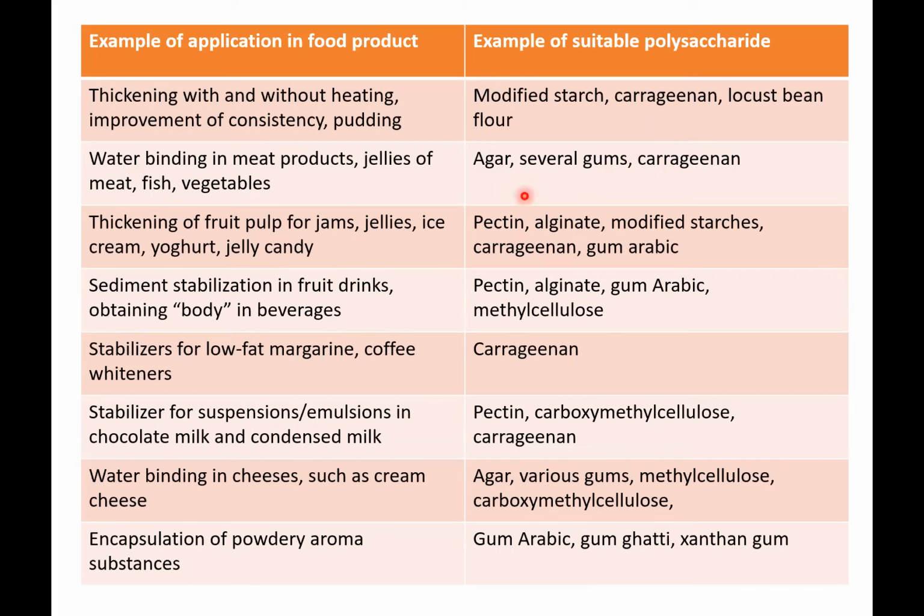So that's for aspic, if you know the word in Indonesia too. Otherwise, you have a wide choice of different polysaccharides, and very often they are used in mixtures, various mixtures.